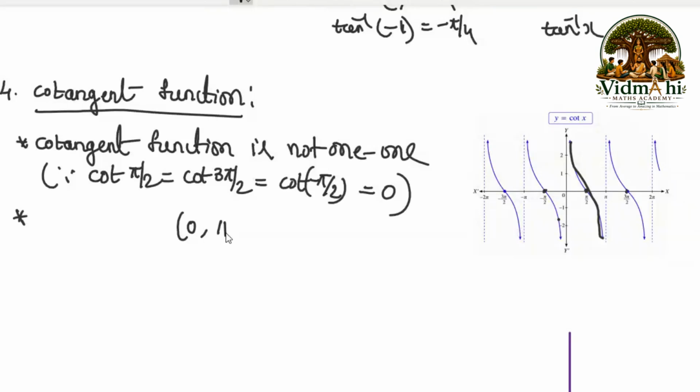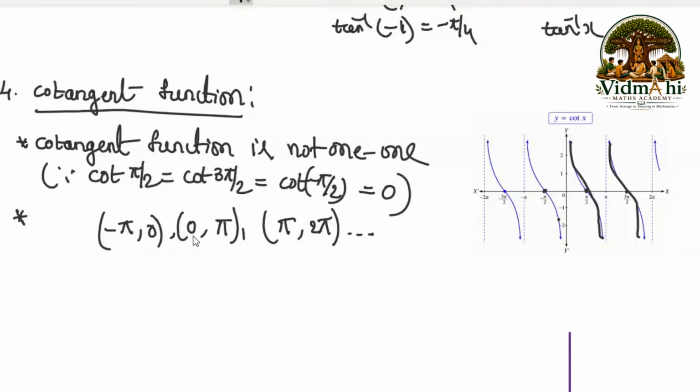So the open interval 0 comma pi. In this interval, the cot function is one-one. Again, pi to 2 pi. In between pi to 2 pi, the cot function is one-one, so the open interval pi comma 2 pi. And so on. Also minus pi to 0, the open interval minus pi comma 0.